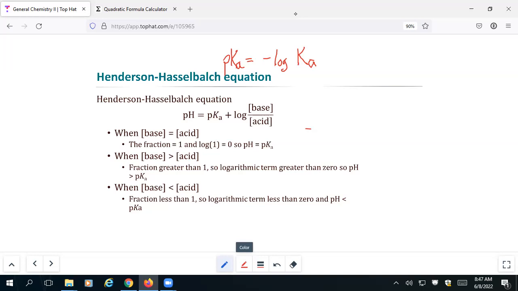And if the acid is bigger, the fraction is going to go below 1. Logarithms of fractional numbers are negative. And so the pH will dip onto the acidic side of the ledger, which again should make sense. We have a higher concentration of acid present. It should be more acidic than expected.